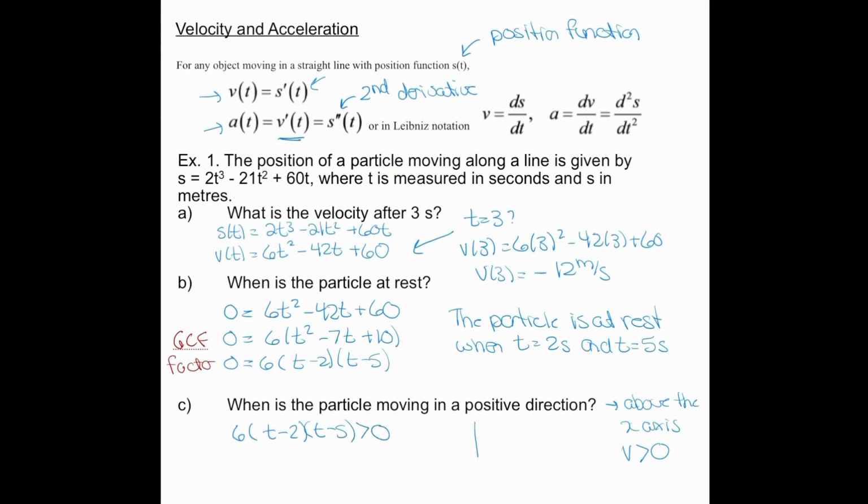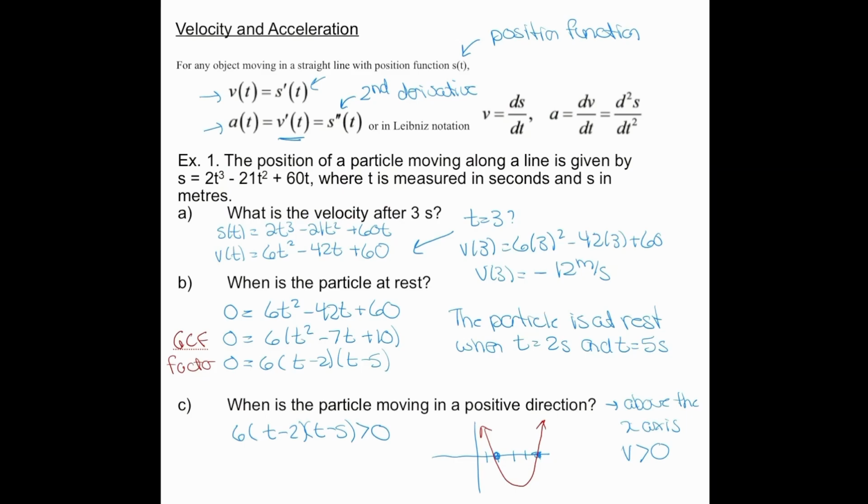If we just put this quickly onto the graph, I know that I have a 0 at 2, and I have a 0 at 5. It's going to turn around somewhere underneath of there. I'm not too worried about the vertex at this point. And so really what I want to know is, where is the velocity above 0?